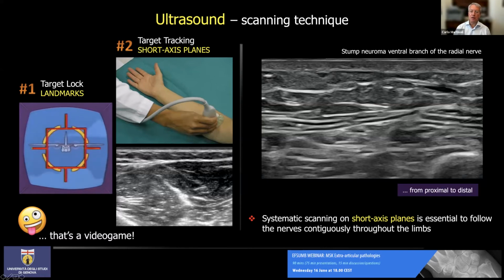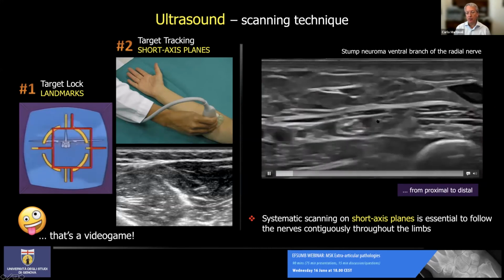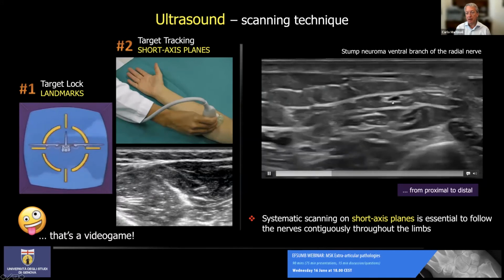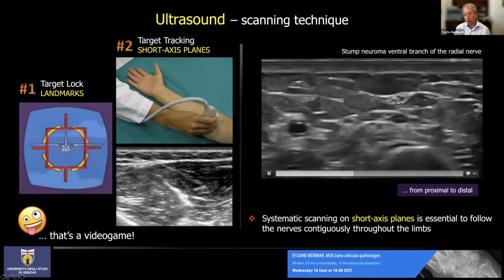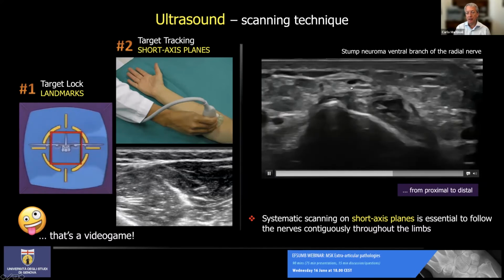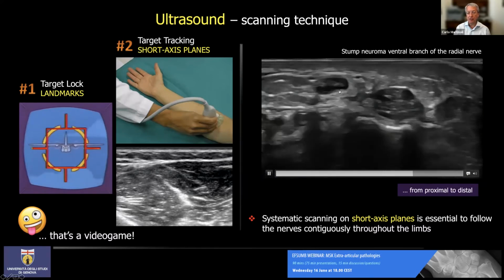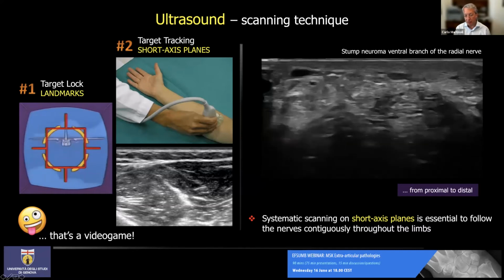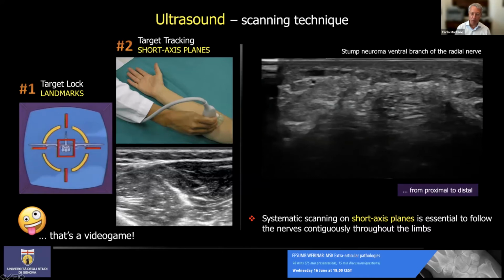In this case, we have an example of the ventral and dorsal sensory branch of the radial nerve. We are speaking about a structure that is 0.1 in caliber, and at the end, following the nerve in its cross-section, we find pathology, in this case a terminal neuroma. The nerve was severed by a penetrating trauma.